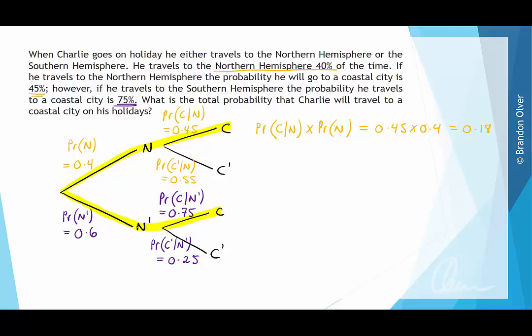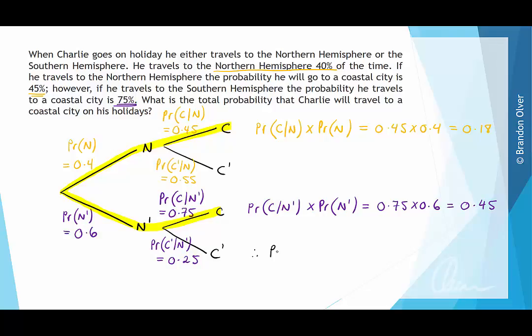And then going along the bottom, if he goes to a coastal city given he went to the southern hemisphere, and we times that by the probability that he goes to the southern hemisphere, that's going to be equal to 0.75 times 0.6, which is going to be equal to 0.45.